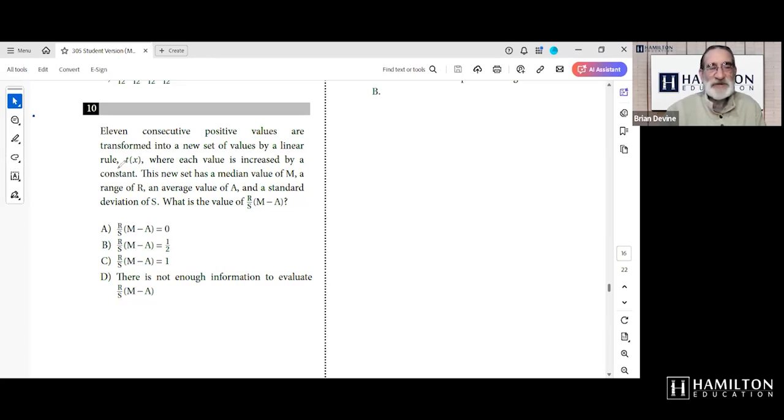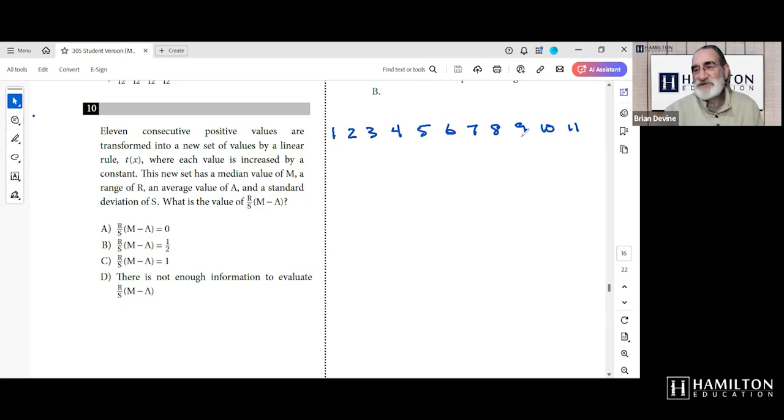Well, let's make this very simple to understand. There's 11 consecutive values. So let's say I had 1, 2, 3, 4, 5, 6, 7, 8, 9, 10, and 11.